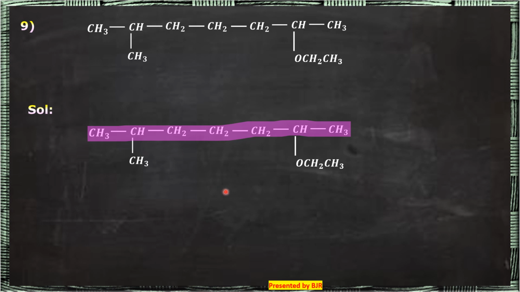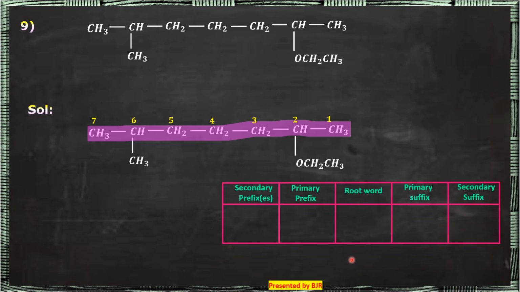At that time, numbering should be done according to alphabetical order. So here ethoxy comes first, then methyl. For that reason, the carbon atom to which the ethoxy group is attached should get the lowest possible number. So I am numbering the carbon chain from right to left.